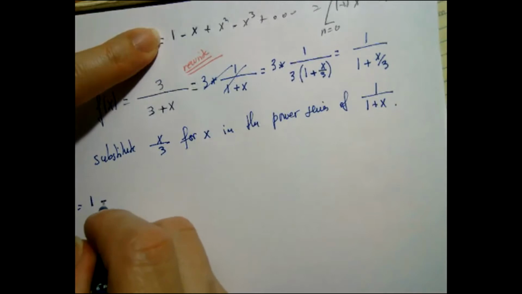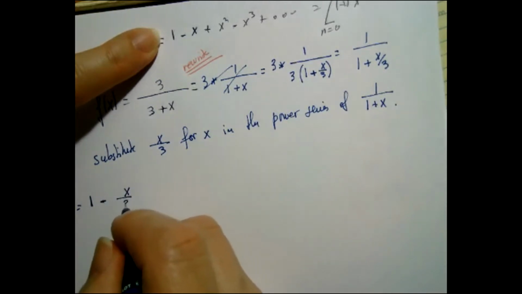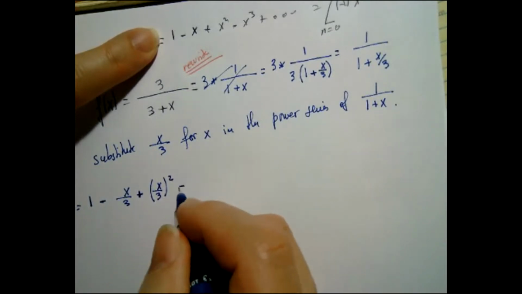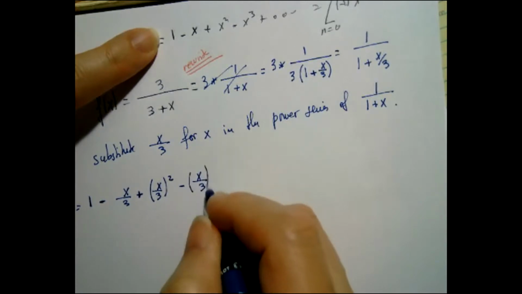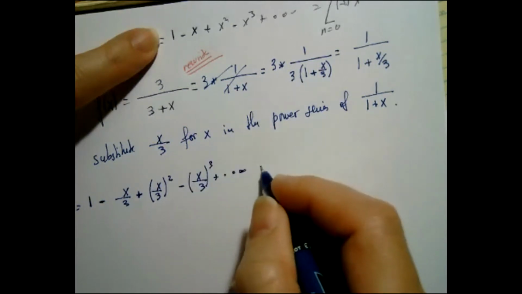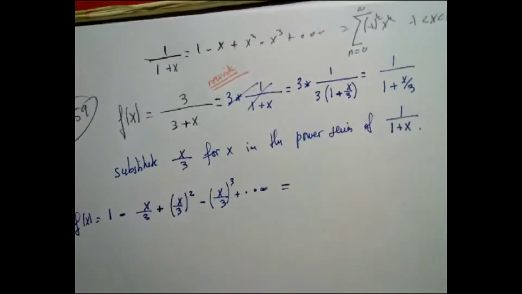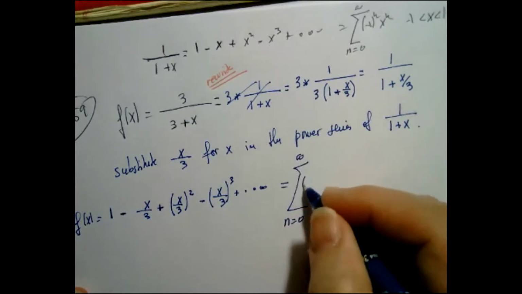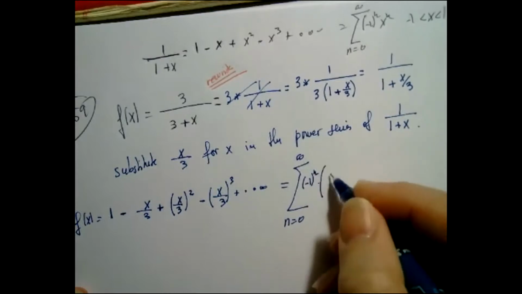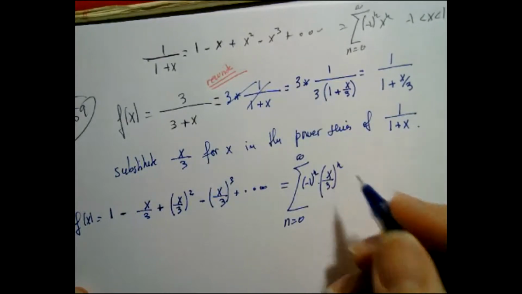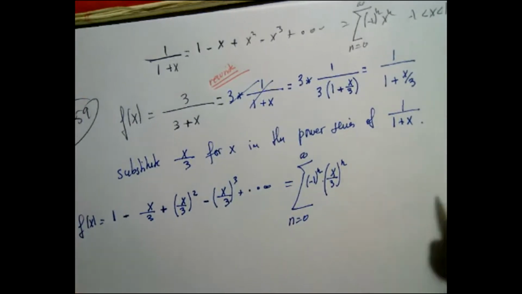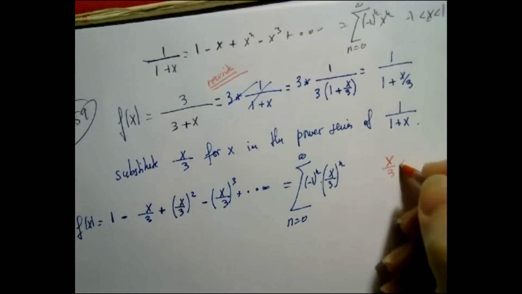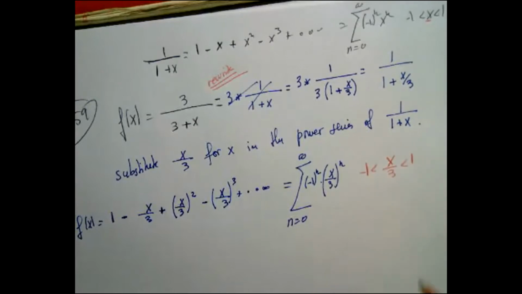It becomes 1 minus x over 3 plus x over 3 squared minus x over 3 cubed plus, etc. And in sigma notation, we get the sum from n equals 0 to infinity of (-1) to the n, where instead of x it is x over 3, to the n. Since I substituted x over 3 for x, this will hold when x over 3 is between -1 and 1.